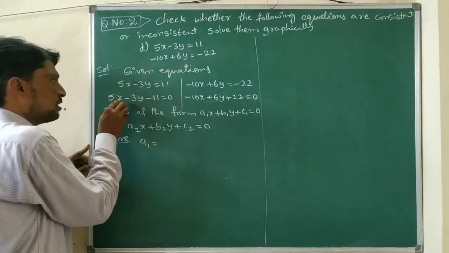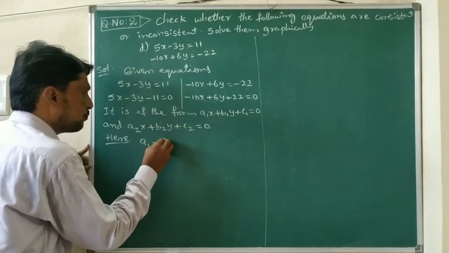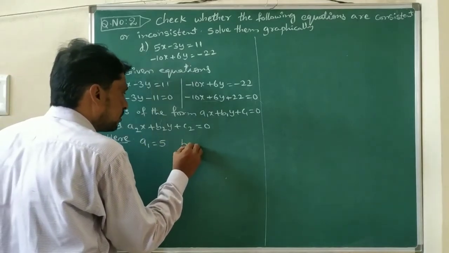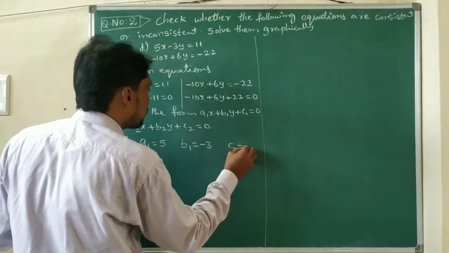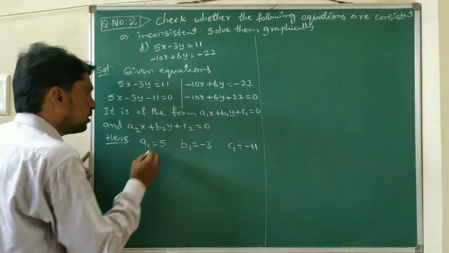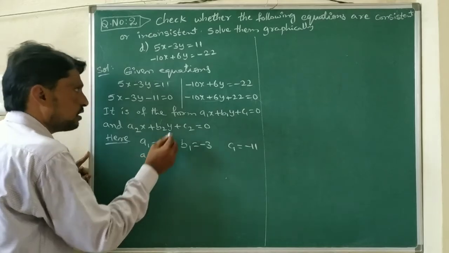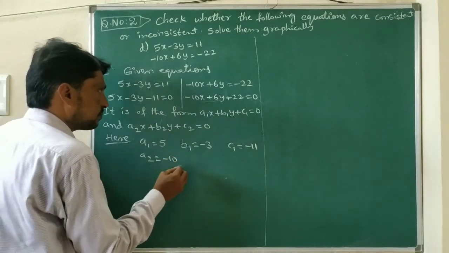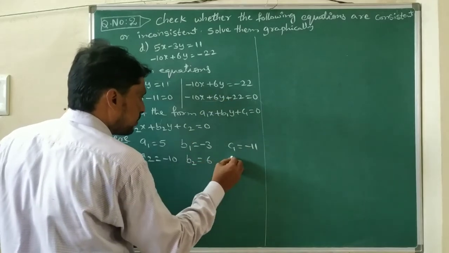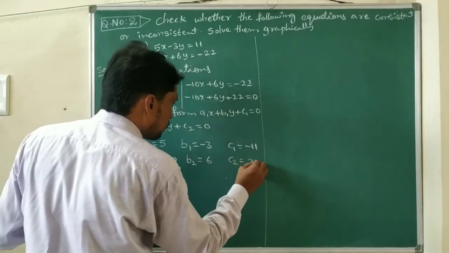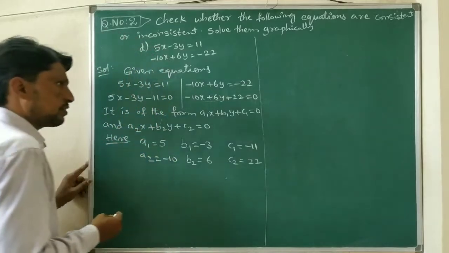In the first equation, a1, the coefficient of x, is 5; b1, the coefficient of y, is minus 3; c1, the constant term, is minus 11. Now a2, the coefficient of x, is minus 10; b2, the coefficient of y, is 6; c2, the constant term, is 22.